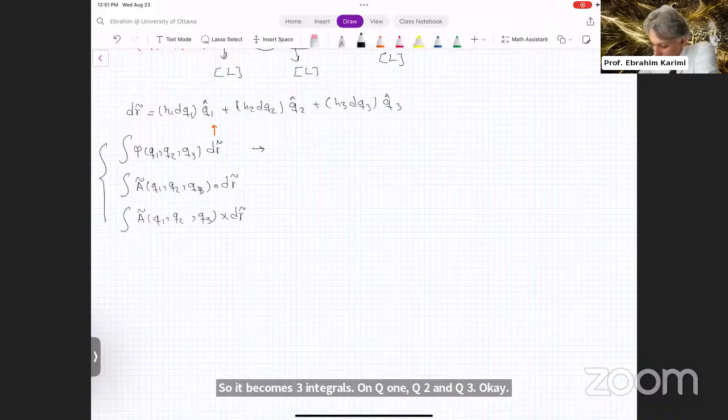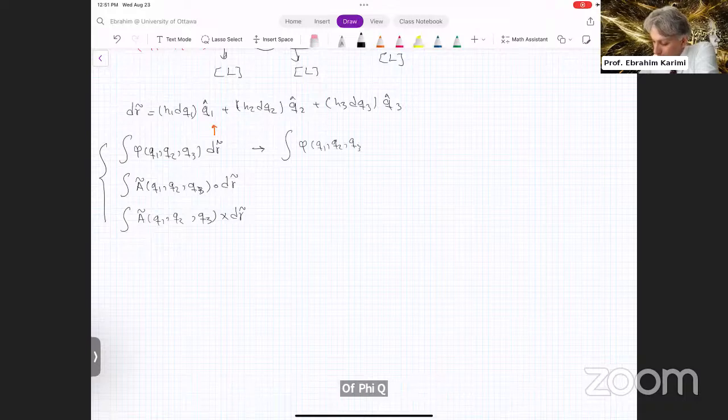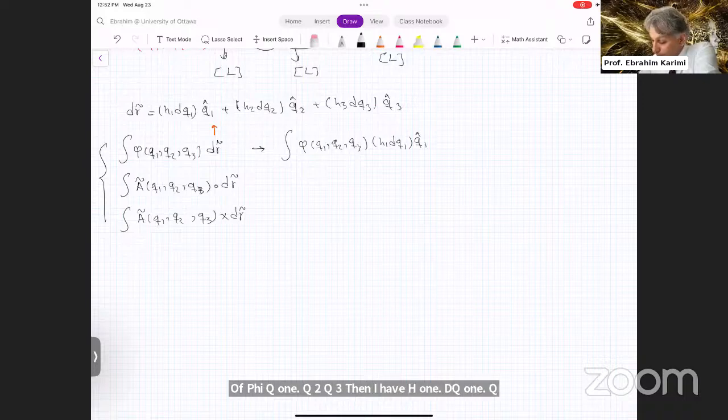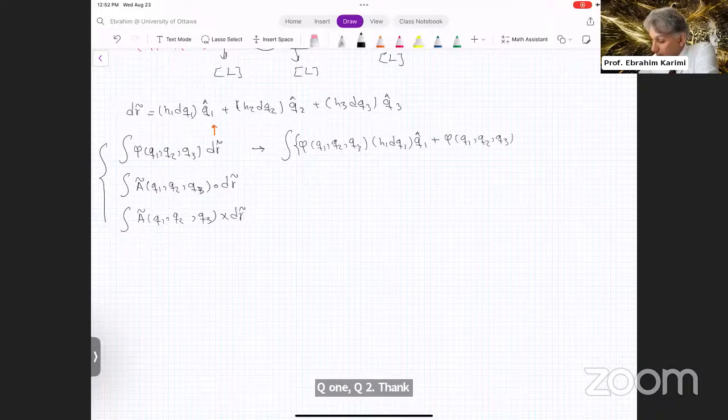So that will be the integral of phi(Q1, Q2, Q3) H1 dQ1 Q̂1, and phi(Q1, Q2, Q3) H2 dQ2 Q̂2, plus the other term, which is the last term.